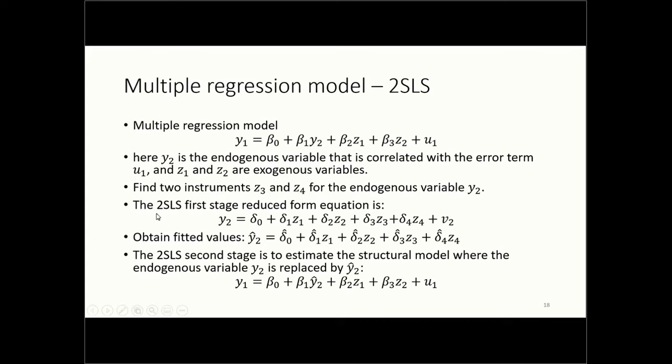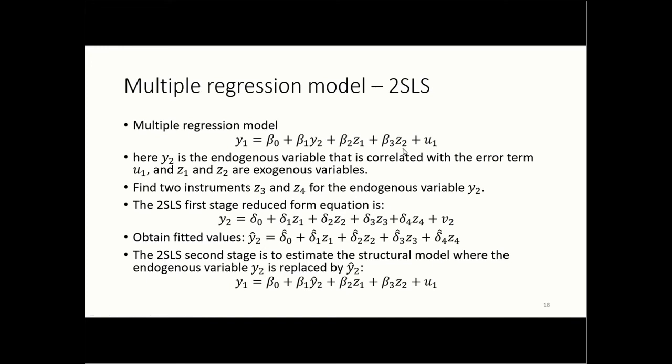In the first stage of the two-stage least squares, we would call this a reduced form equation. Reduced form because we only have exogenous variables on the right side, and that would be y2 regressed on z1 and z2. Notice the z1 and z2, these are the exogenous variables from the original model.